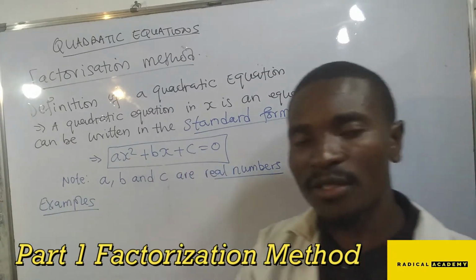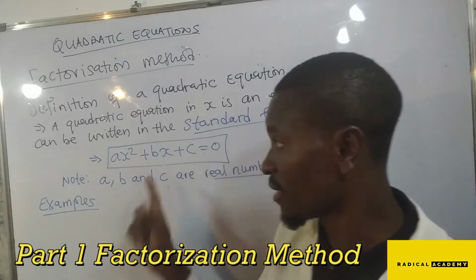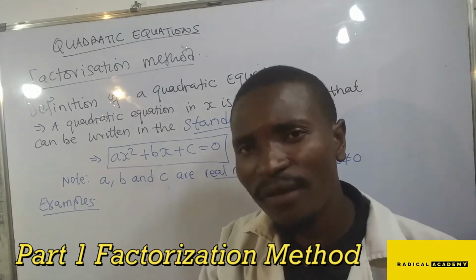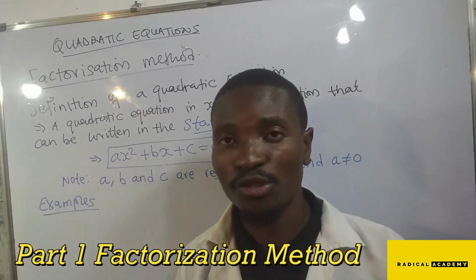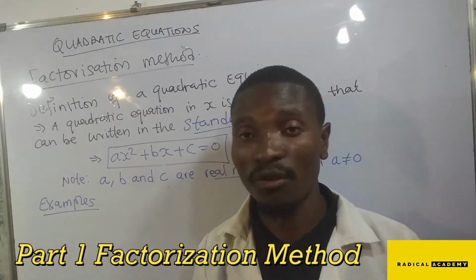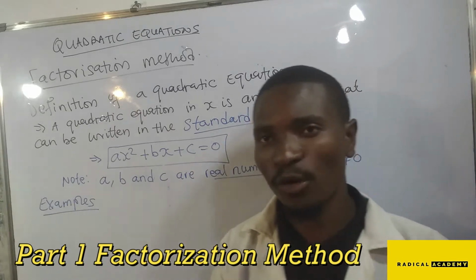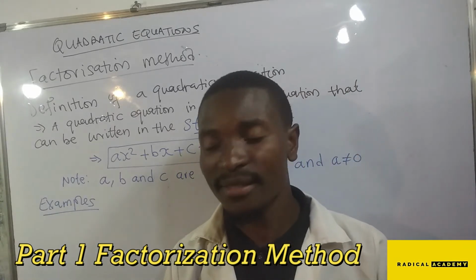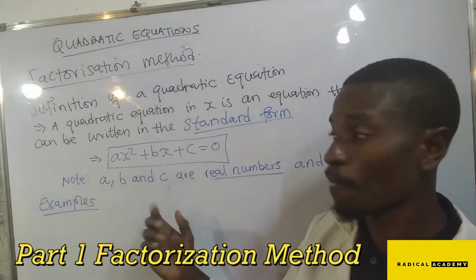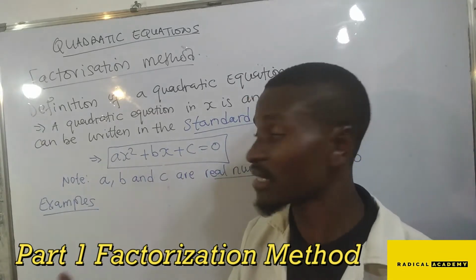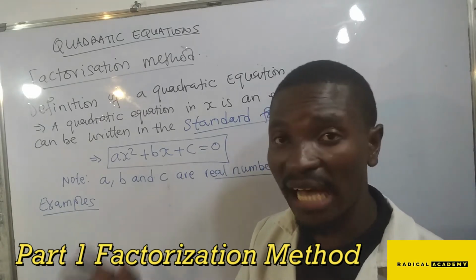Once we know that this is the standard form of any quadratic equation, that will give you the starting point of how to solve any quadratic equation. Now let's see what is the meaning of these algebraic letters such as a, b, as well as c.